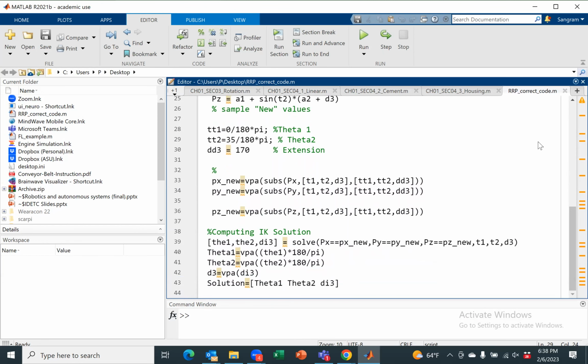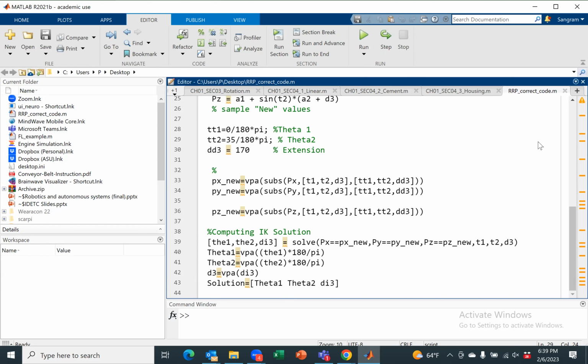Any questions about the code? In the first step, I get 0h1, 1h2, 2h3, multiply them together, and get the values of px, py, and pz. Then I substitute the value of theta1, theta2, and d3, and find px new, py new, and pz new.